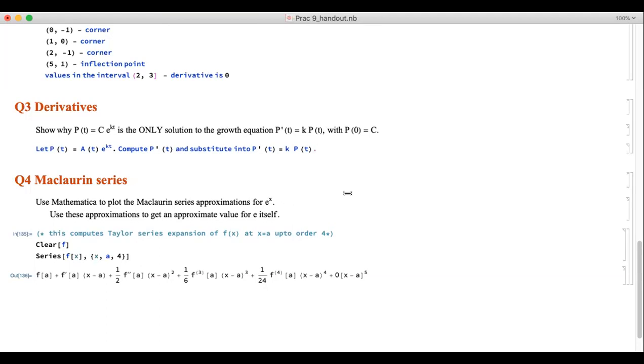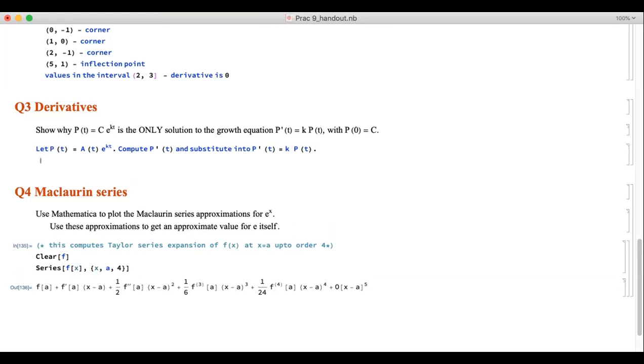What's the derivative of P(t)? The idea is to show that a(t) is a constant in that case.